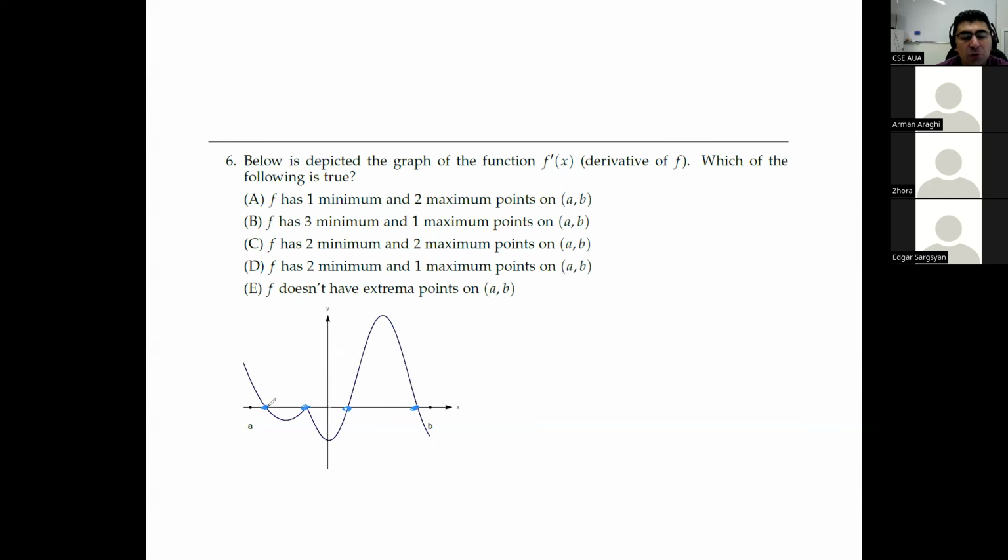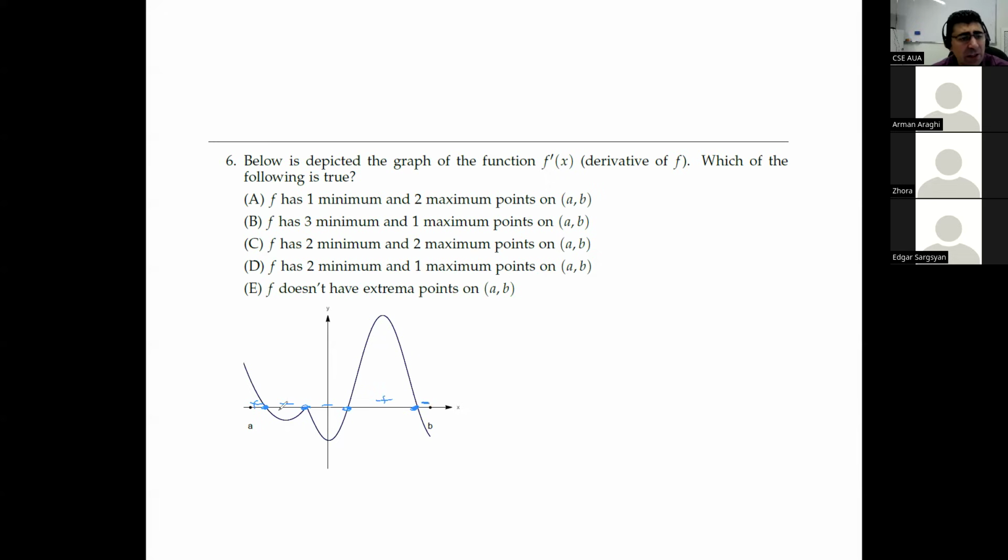Next is to understand the sign of the derivative on each of these intervals. From A to the first critical point, our derivative is positive. So let's put a plus sign here. Then negative, negative, positive, and once again negative at the end. And pay attention, the AB interval is given open, so endpoints we are not going to consider as minimum or maximum points.